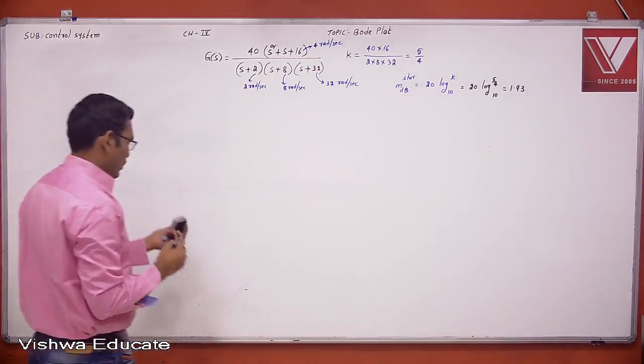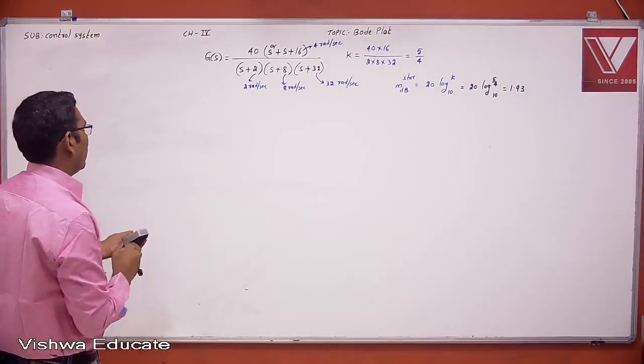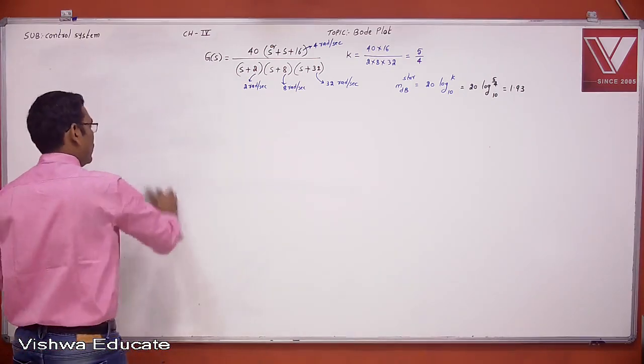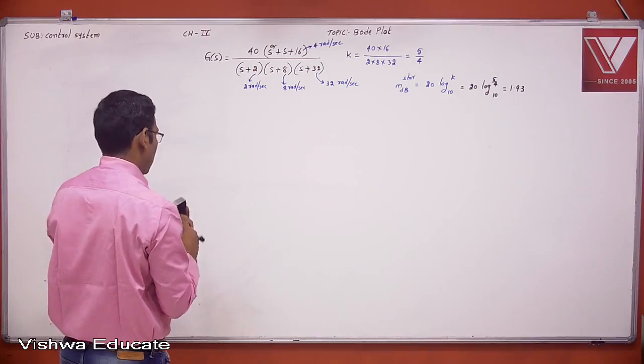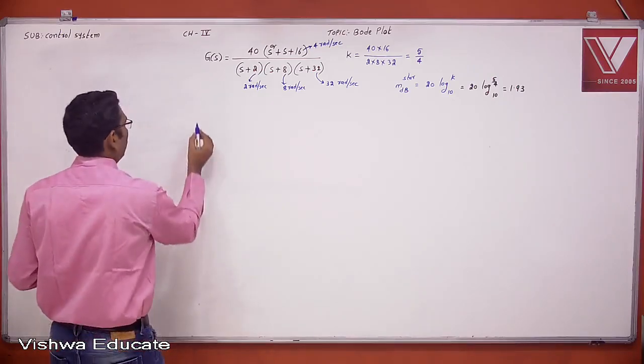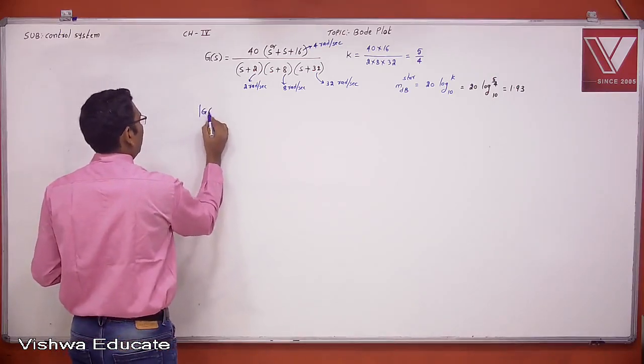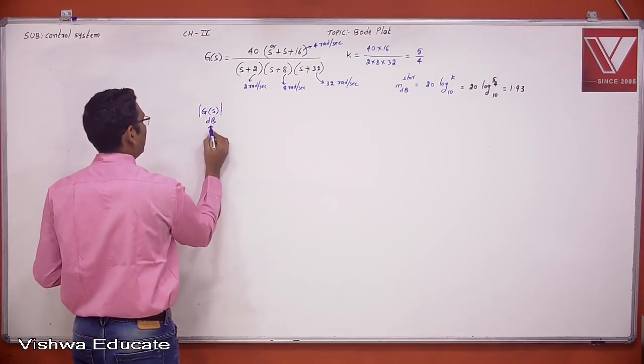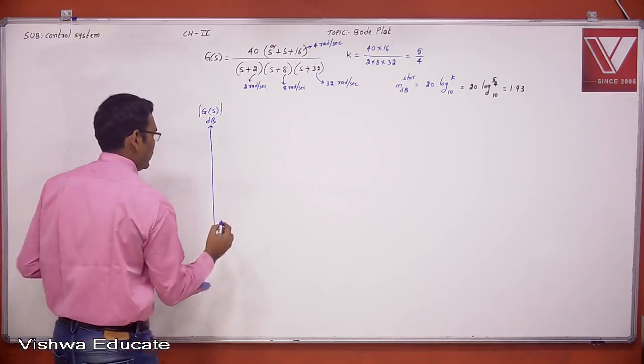Okay, now this is the starting magnitude. Then you can easily draw the Bode plot. Write the corner frequencies in ascending order. The Bode plot is the magnitude of the open loop transfer function in terms of dB versus frequency.